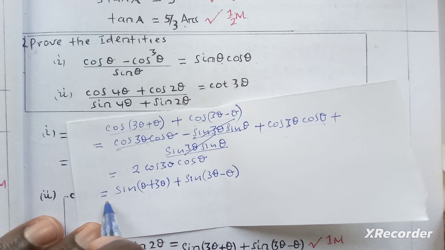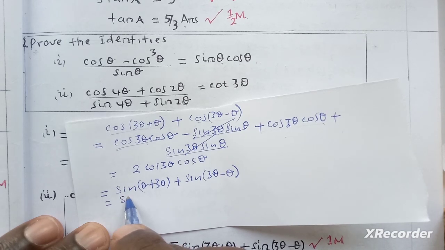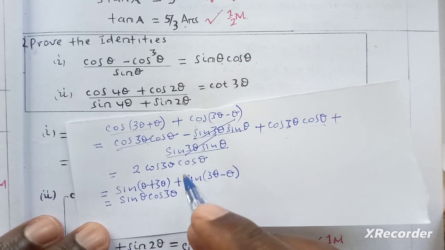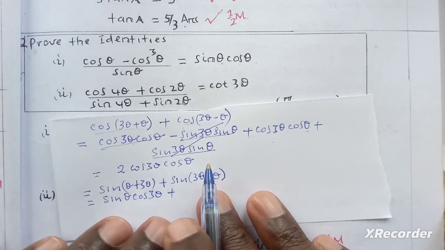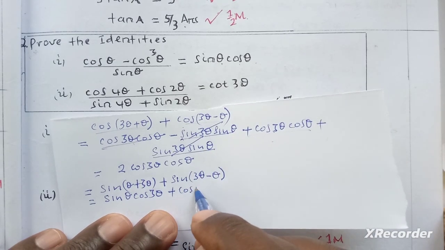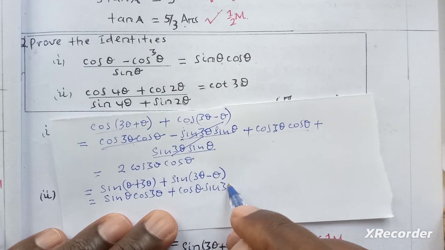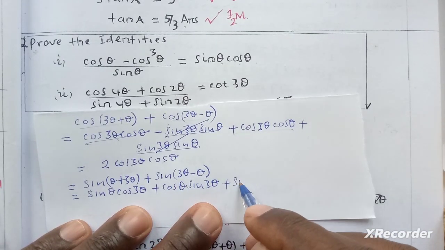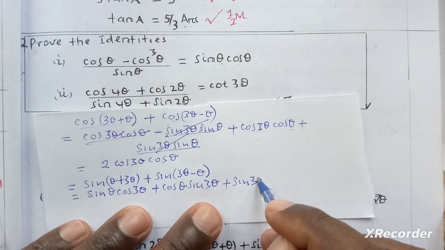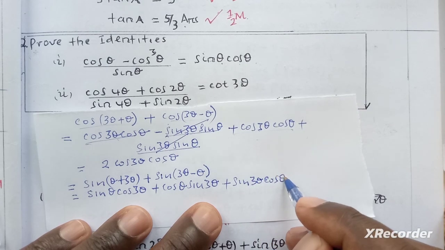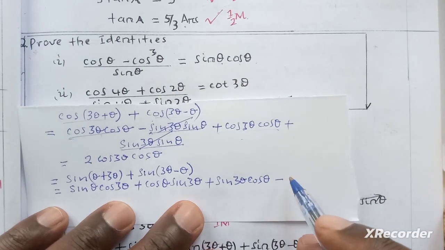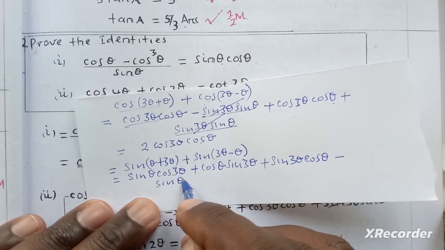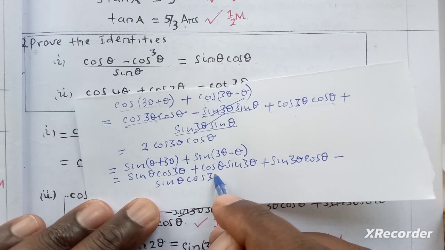When we expand that one, we will get sine theta cos 3 theta, plus, we also put a plus there, cos theta sine 3 theta, plus, we expand this, it will be sine 3 theta cos theta, minus sine theta cos 3 theta.